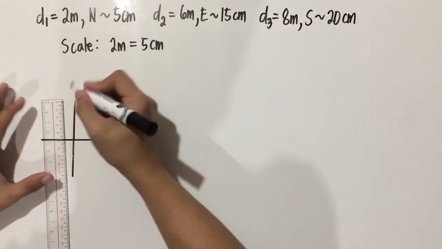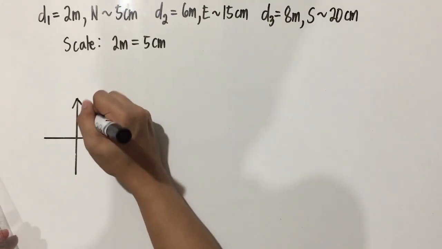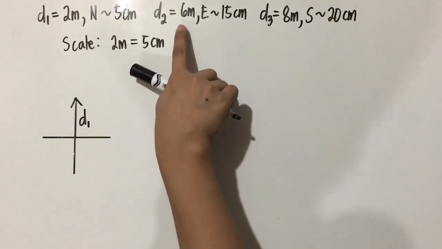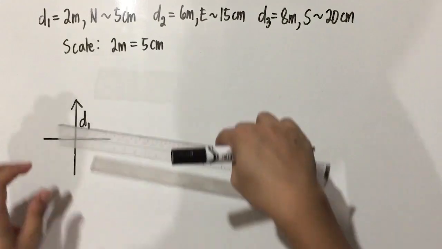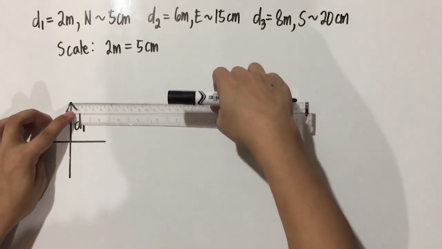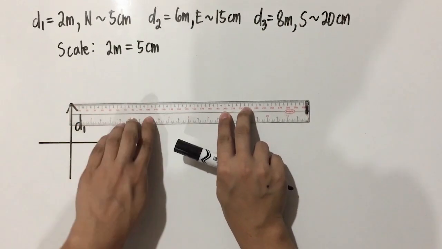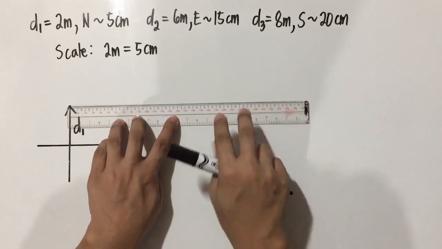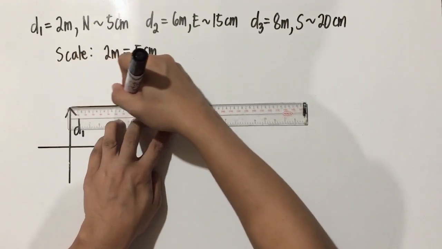Now let's work with the d sub 2. So this is the head to tail method. So we have to connect on the head of the first vector diagram, the tail of the second vector diagram. So 15 centimeters. So we have to stop on 15 centimeters. Then we have to label that as d sub 2.